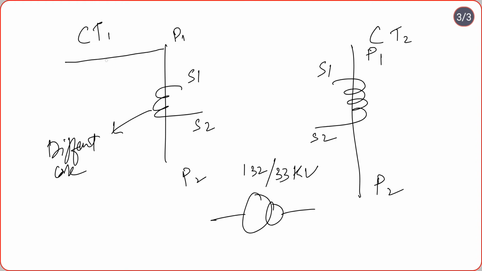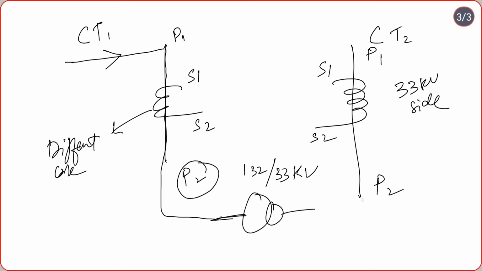This is our source side, so current should flow like this, and this will flow through the primary of the CT and should go like this. So we are placing the P2 side of the CT towards the feeding end of the transformer, and on this 33 kV side we are connecting the P2 side of this CT towards the secondary side of the transformer.